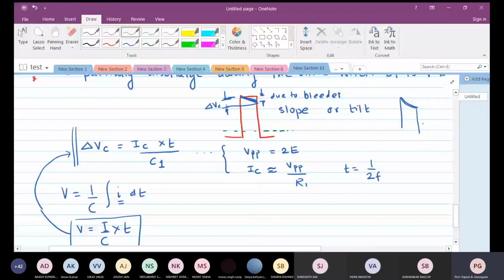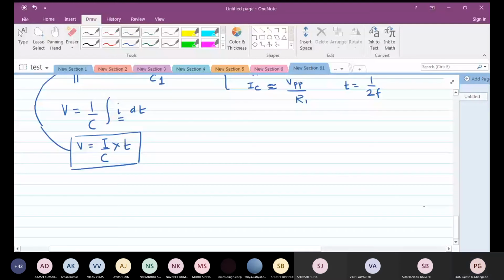But to simplify this, we are assuming it to be a constant value. That is where I get this equation from. Now from this, we can select the capacitor value as well as the bleeder resistor. So let us see the design example. Things will be clear then.